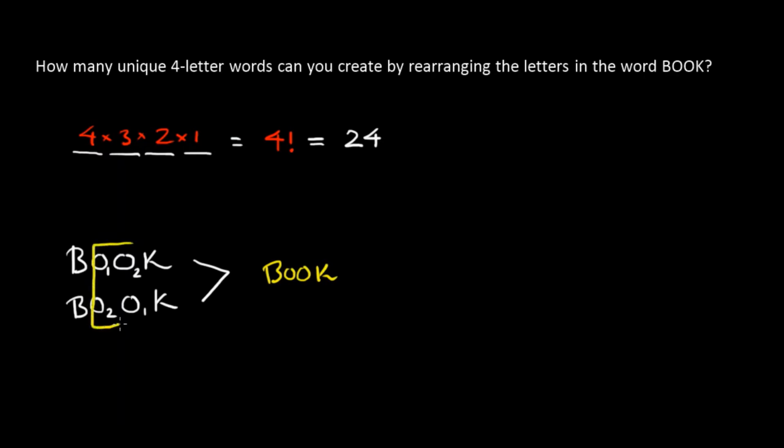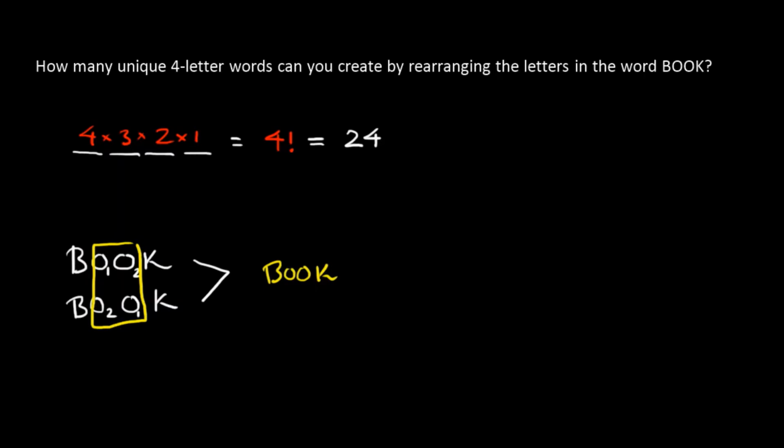So why did we overcount? Well, of course, when you do 4 factorial, it's assuming that you can somehow tell the difference between those O's, whether they're different colors or whether they're subscripts. And of course in this question they are completely indistinguishable from one another. So we've double counted just this one situation where we actually spelled out the word book.